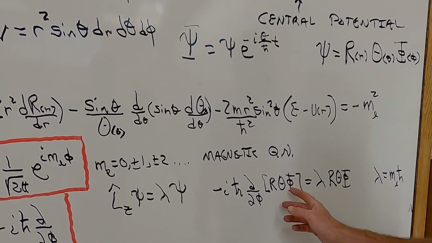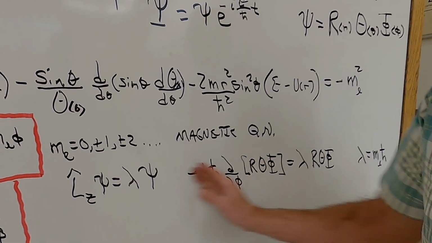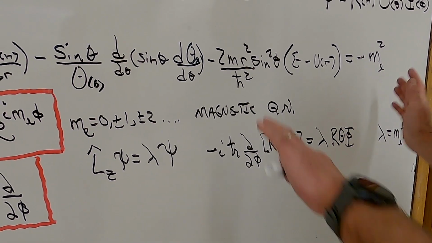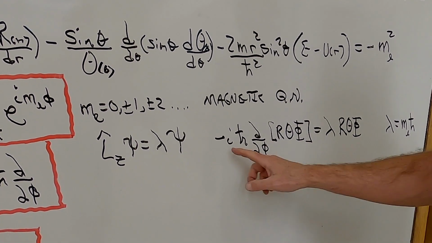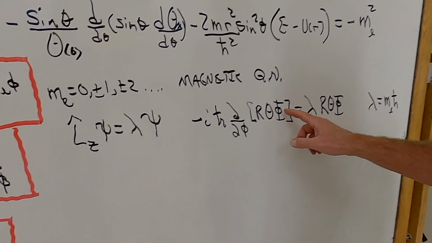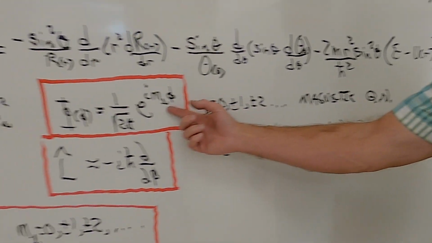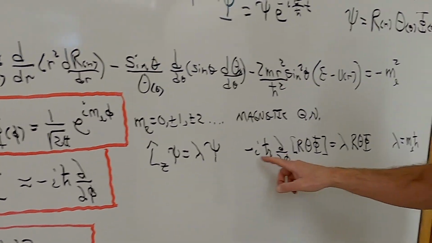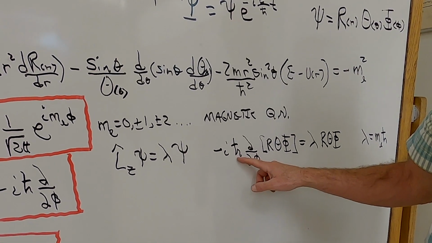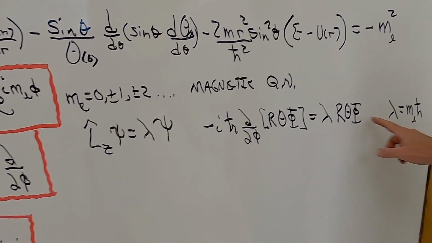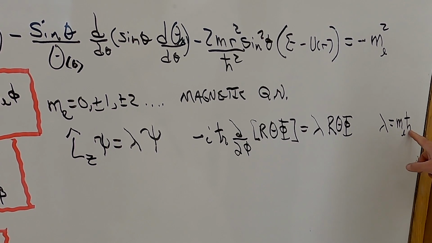Well, we notice right here that the r's and thetas just come right out in front of the derivative, and they just cancel, so they just pass on through. And so really the only thing I have to take the derivative of is phi right here. And when we take the derivative of this, it brought down an extra i m l. But when you multiplied it by this, the i times the minus i gave me 1, and so we just ended up with that lambda being m sub l h bar.